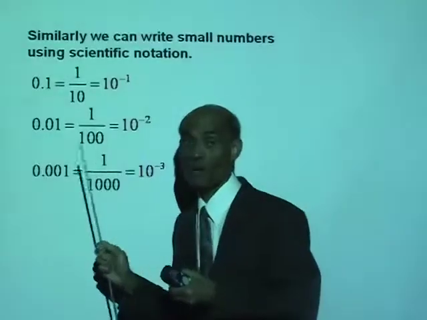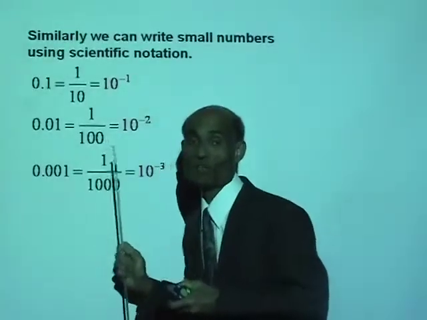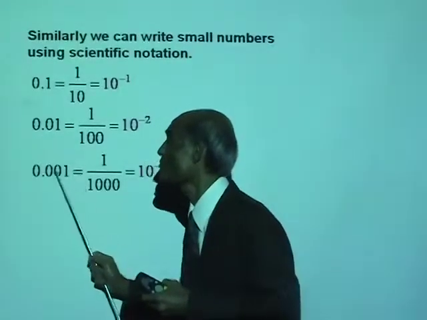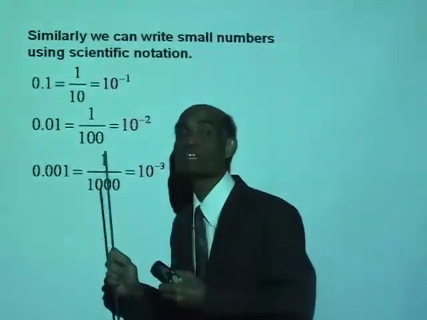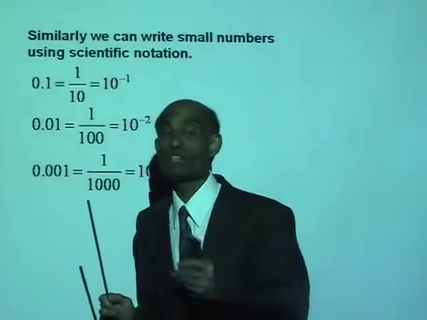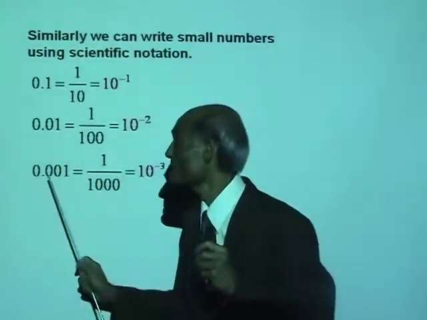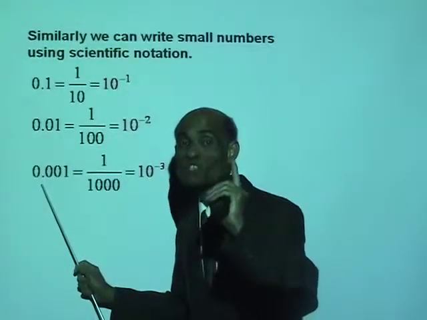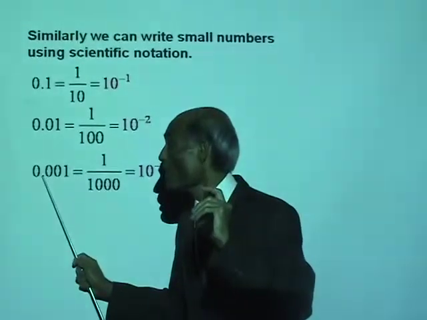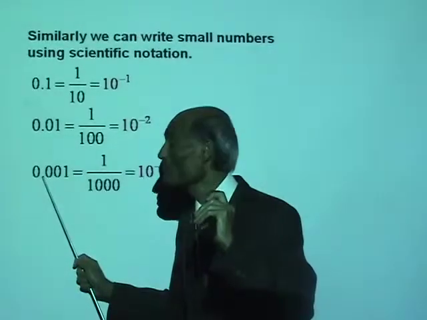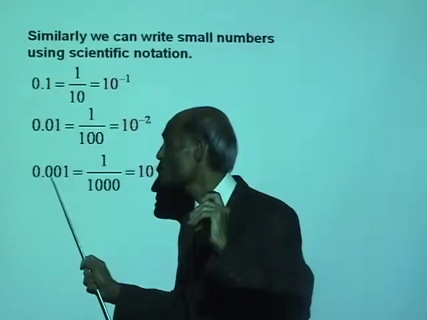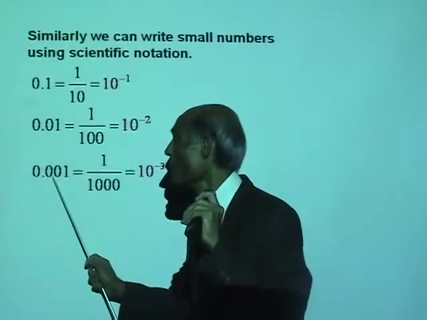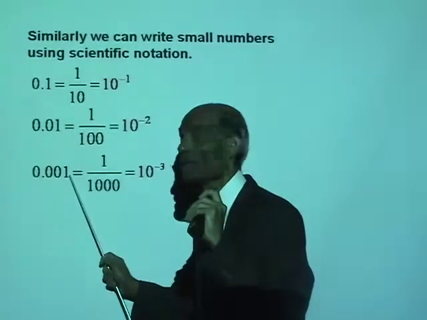Now, I want you to watch this. When you write 0.001 in scientific form, how would you write it? In scientific form, the decimal must be sitting to the right of the first digit. Now, how many places do we move this decimal to make this sit to the right of the first digit? You got to bring this 1, 2, 3.